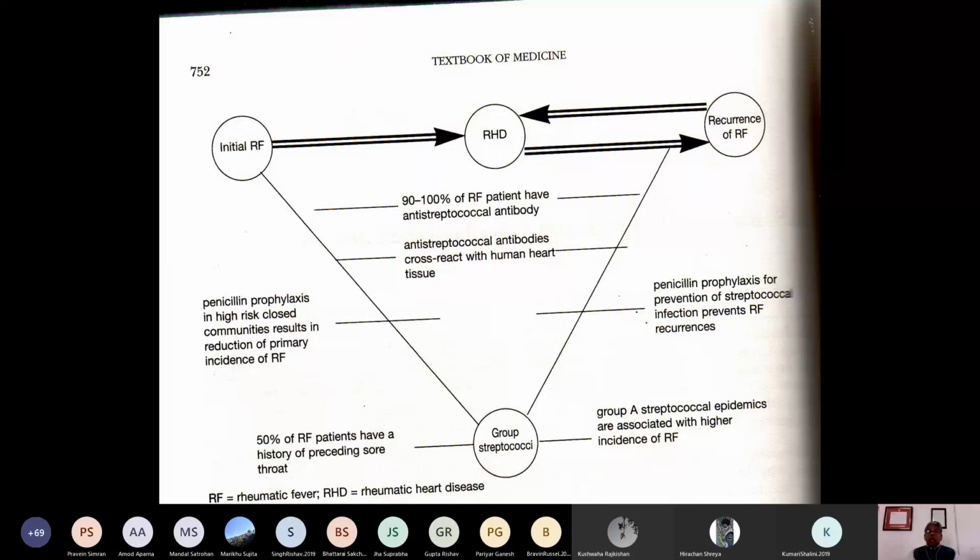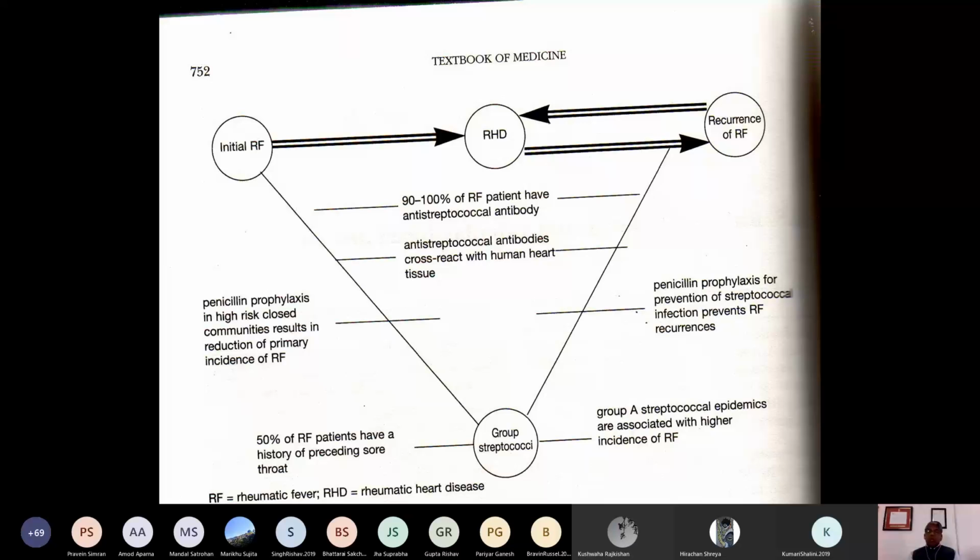That is because in our countries, even now, group A streptococcal outbreaks are very, very common because they are not diagnosed properly and they are not treated adequately. So our concentration should be on making sure that we identify the group A streptococcal infections in children as early as possible and treat them adequately to prevent further occurrence of complications.